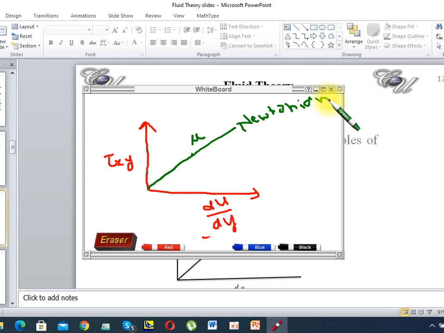Now I will give you an example about fluids. Suppose we have a fluid in this glass. Maybe this fluid is water.